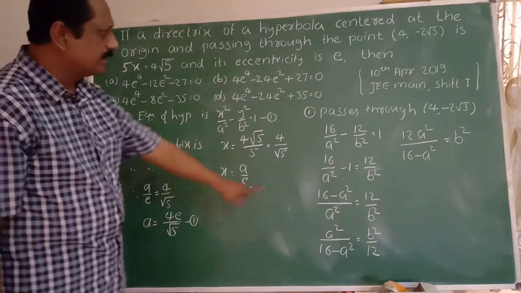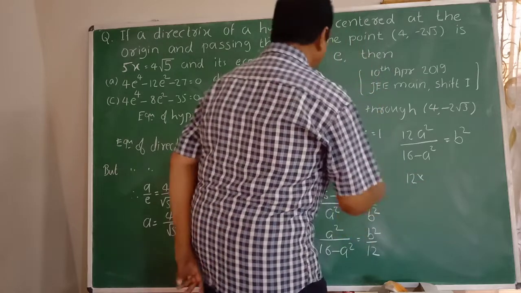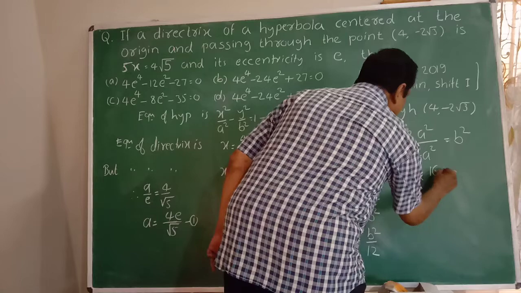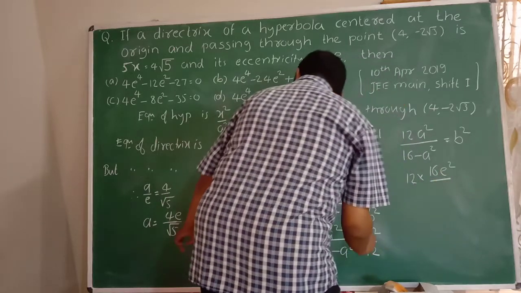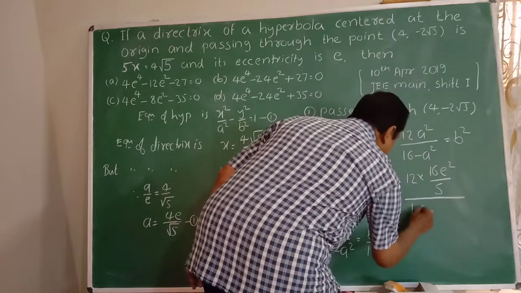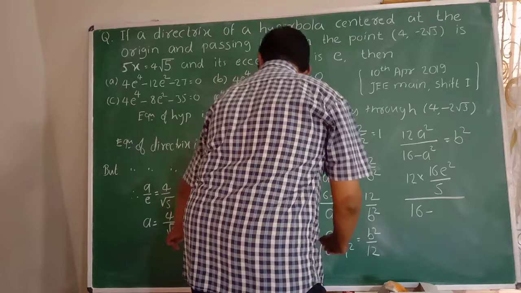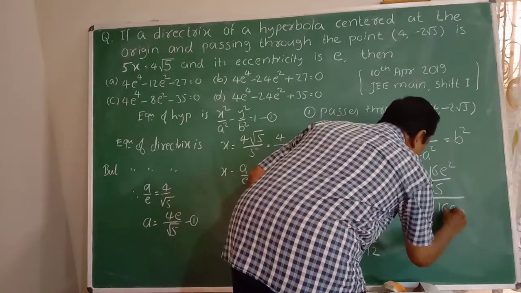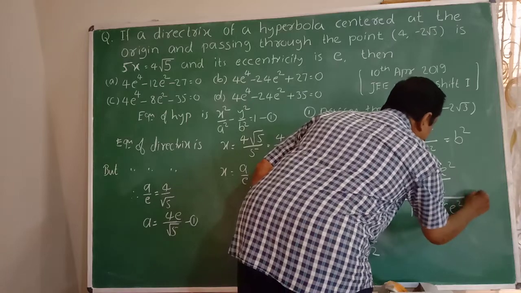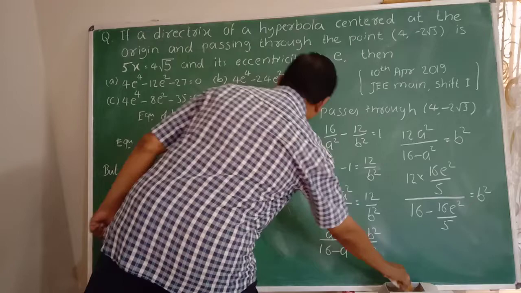So use this result here. So 12 into, okay, a² is 16e² divided by 5, divided by 16 minus, again a², so 16e² by 5, that is equal to b² here. Therefore again simplify this one here.